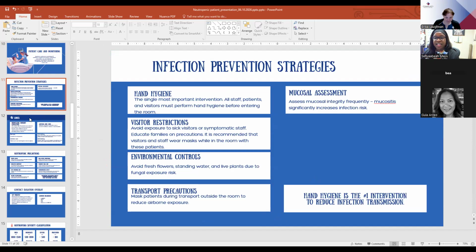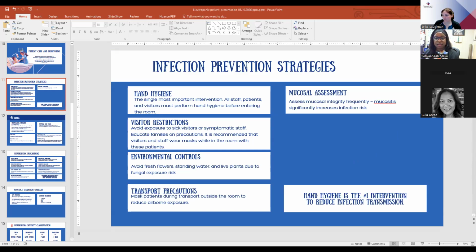So infection prevention strategies, again, key things that we talk about here at the hospital: hand hygiene and visitor restrictions. We want to avoid exposure for these patients if they have sick family members that want to come visit them, or our staff in general if they're not feeling well. We also want to make sure we are emphasizing that they are wearing a face mask as they enter these rooms.